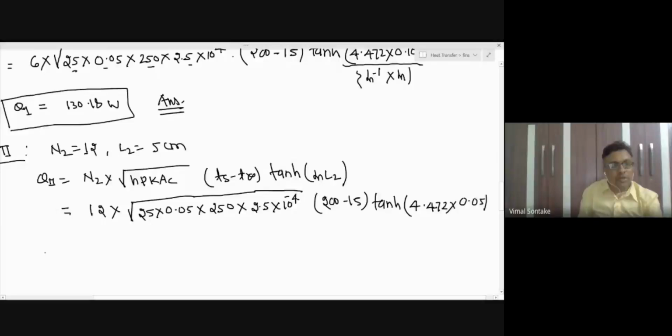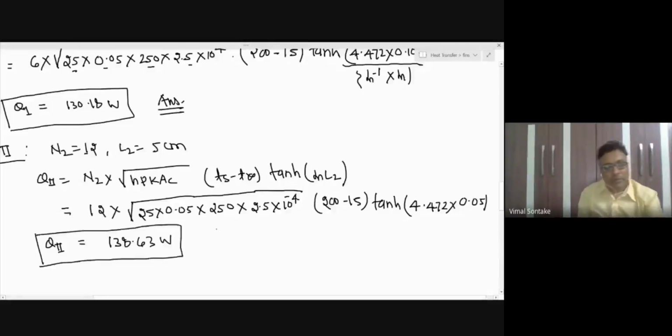So from here, the value of Q2 will be 138.63 watt. Please check this answer.